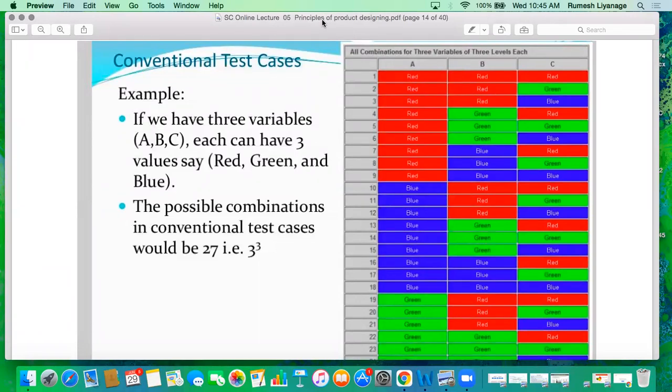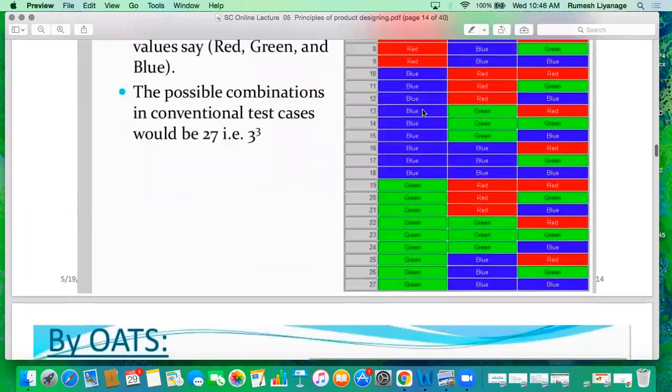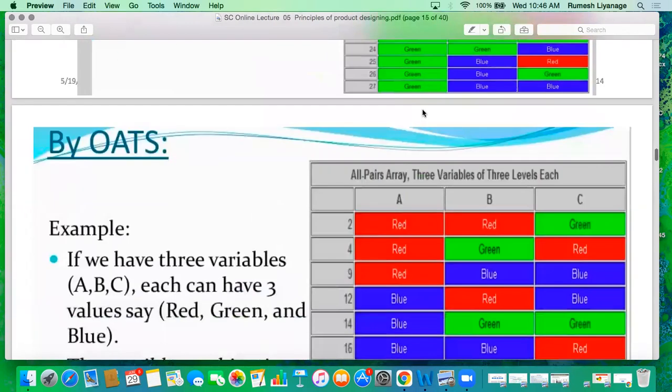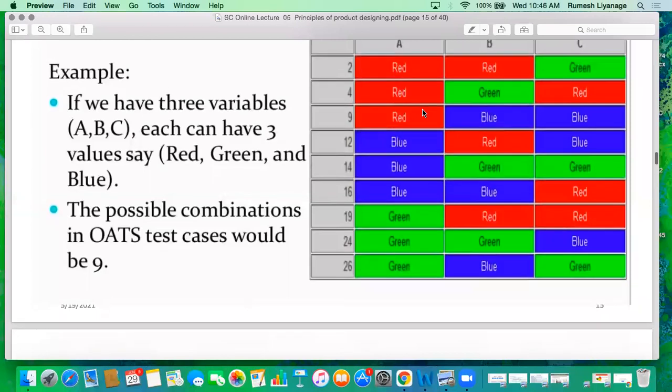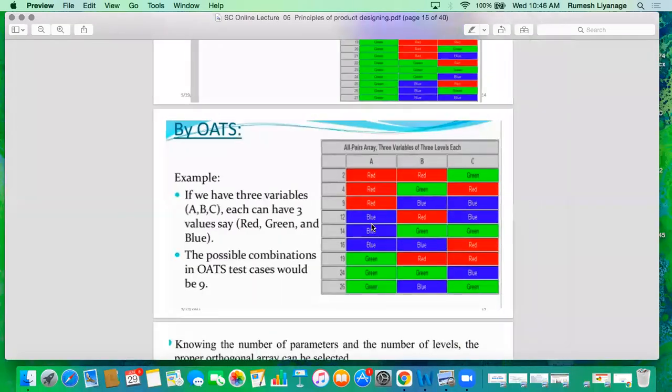As we have discussed, we can use minus, plus or 5, 10 in any case, but in this example the researcher has used different colors for different levels. So here you can see how to do 27 trials. But as we have discussed, in orthogonal designs, only 9 trials are there. How to get this design?